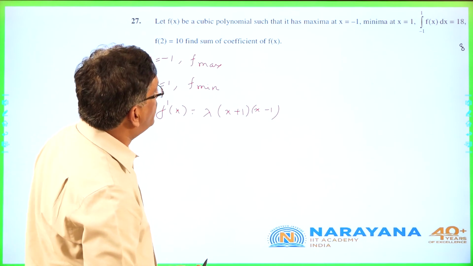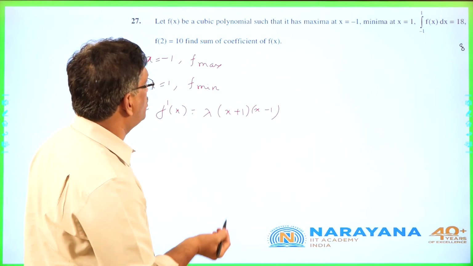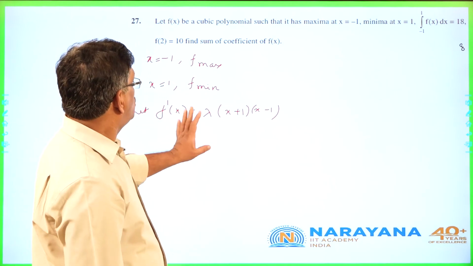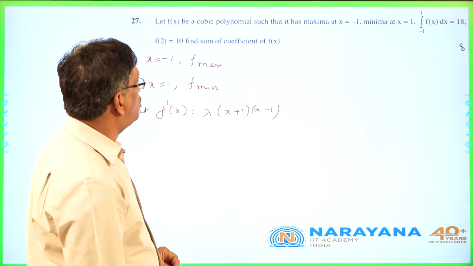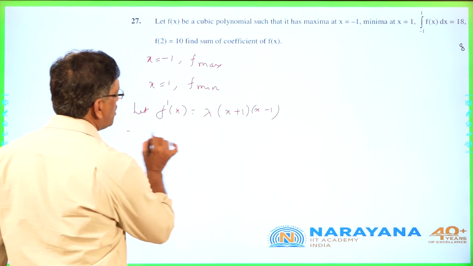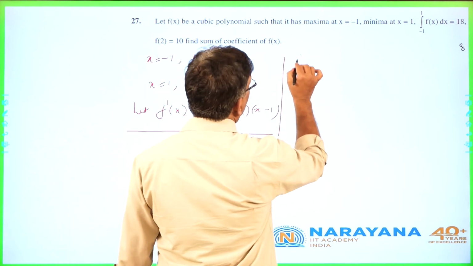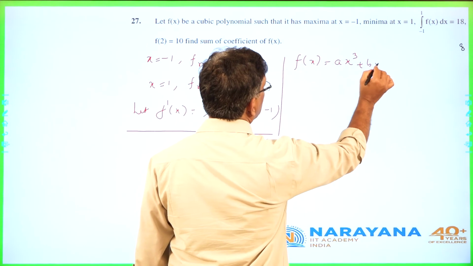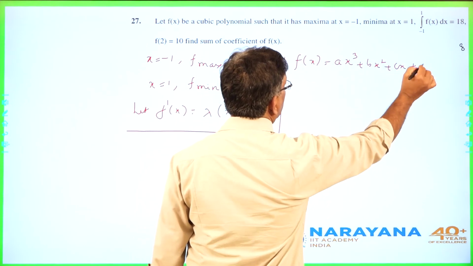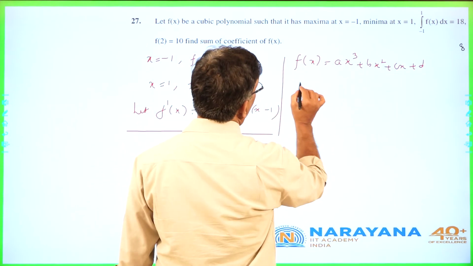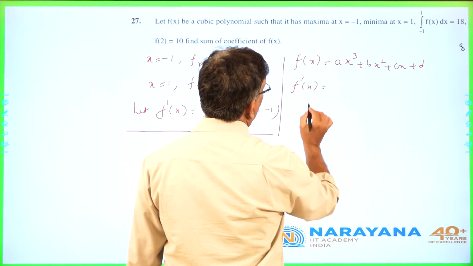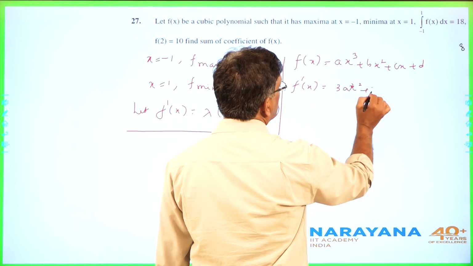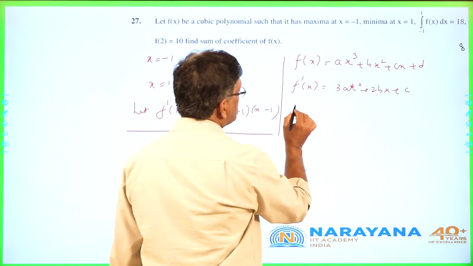Now when you integrate, we will get the function. Total 3 unknowns we have to find out. You can take it like this, or else simply let us take f of x is equal to ax cube plus bx square plus cx plus d. When you differentiate, f dash x is 3ax square plus 2bx plus c.